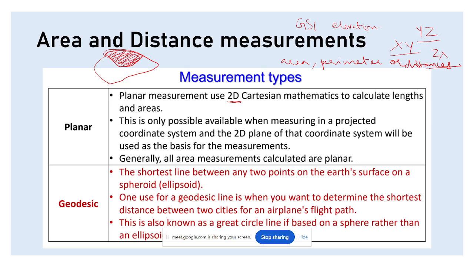But when we go for 3D, that is in geodesic measurements, then it becomes a little complicated. If you have a hilly terrain, if somebody is using a DEM model, you're familiar with the digital elevation model, right? If somebody is using the DEM model, or even some kind of satellite image, then we have to be very careful with the area measurement, because here we are also considering the three-dimensional aspect.